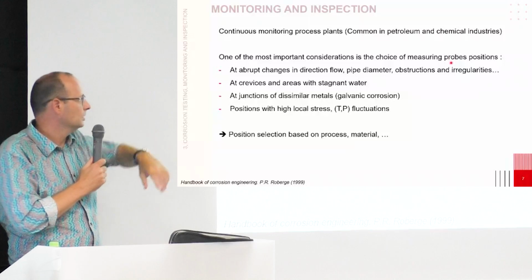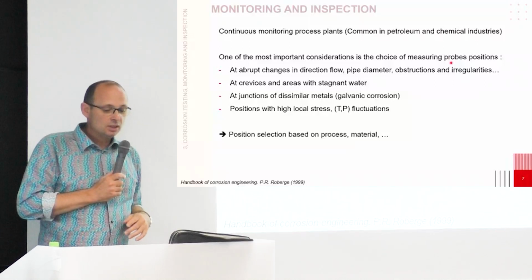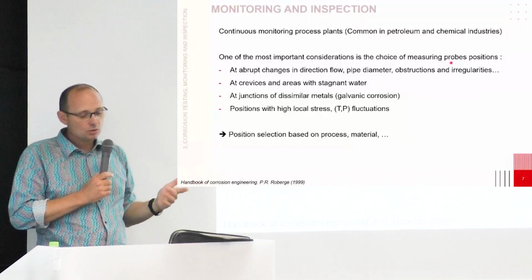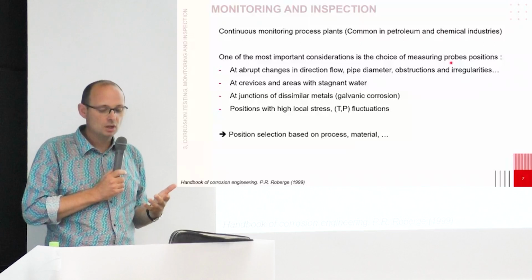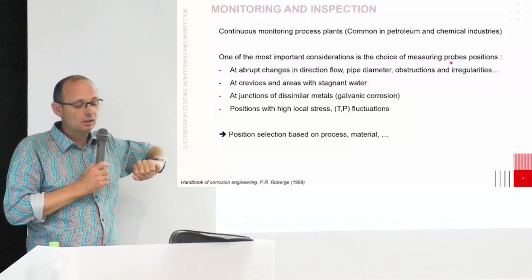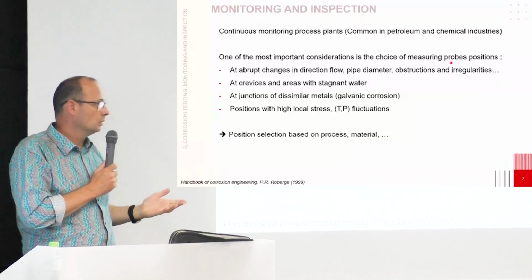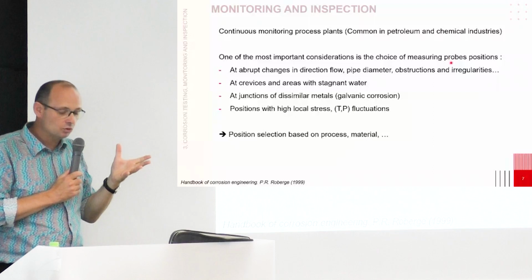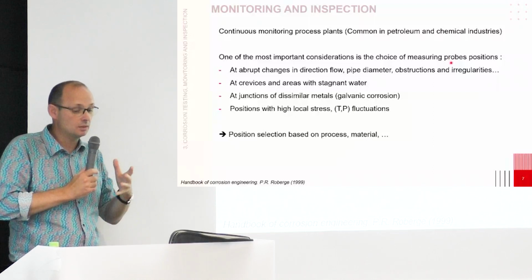We already discussed galvanic corrosion. Or their position in a high pressure and temperature loop, or where we can have a lot of pressure and temperature fluctuation. So this means that to monitor the corrosion rate of a structure, you need to fully understand the structure and what's happening inside.